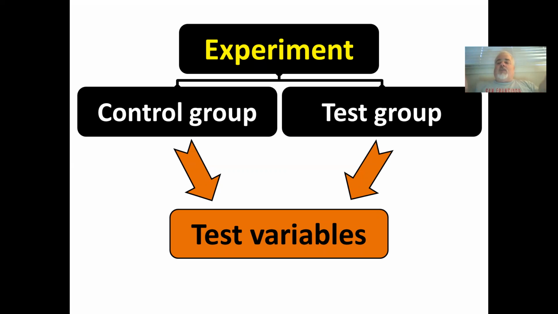You have to have large enough areas with random enough opportunity for infection to occur. So dealing with pests and diseases, you need somebody with some experience. How do you create test groups and control groups?